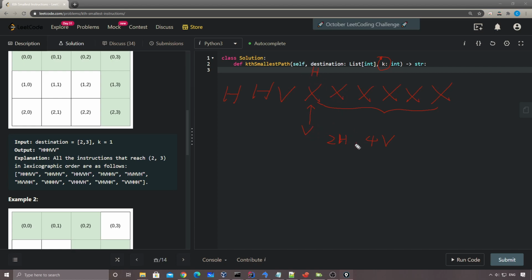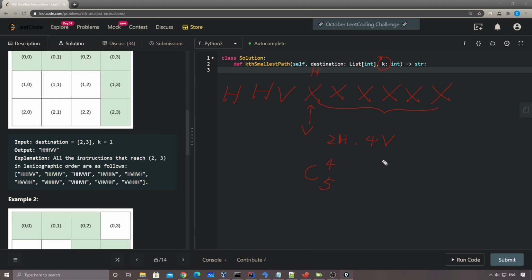Okay. And then the next problem is how can we find all the numbers that start with H? Let's assume in total we have 6 here, right? How about all the numbers starting with H? It means that we're removing this H, and we have 5 here, right? So we have C5, 4, right? Why is that?